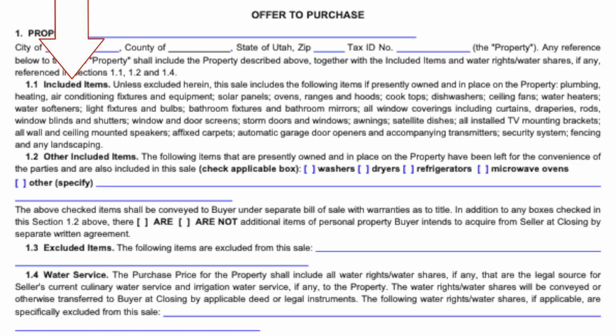"Unless excluded herein, this sale includes the following items if presently owned and in place on the property: plumbing, heating, air conditioning fixtures and equipment, solar panels, ovens, ranges and hoods, cooktops, dishwashers, ceiling fans, water heaters, water softeners, light fixtures and bulbs, bathroom fixtures and bathroom mirrors, all window coverings including curtains, draperies, rods, window blinds and shutters, window and door screens, storm doors and windows, awnings, satellite dishes, all installed TV mounting brackets, all wall and ceiling mounted speakers, affixed carpets, automatic garage door openers and accompanying transmitters, security system, fencing, and any landscaping."